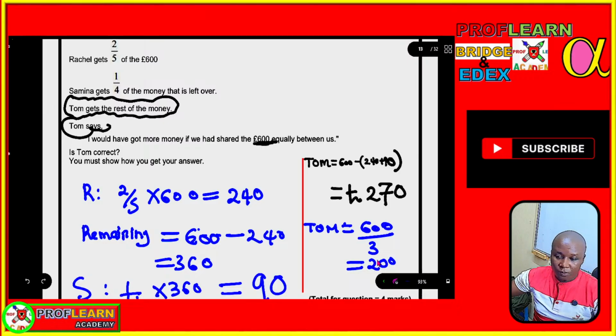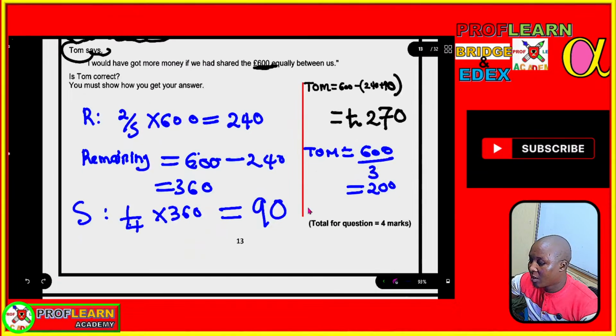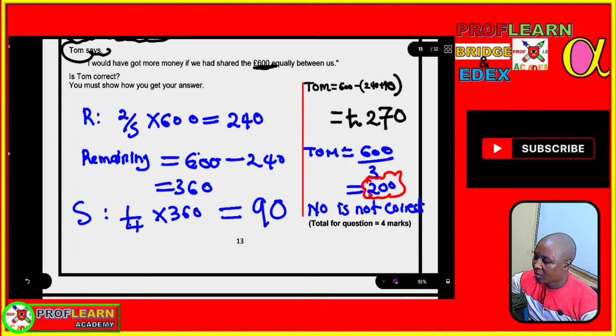So is that true? Is Tom correct? No. Tom is not correct, because if they could have shared equally, Tom could have gotten 200 pounds.